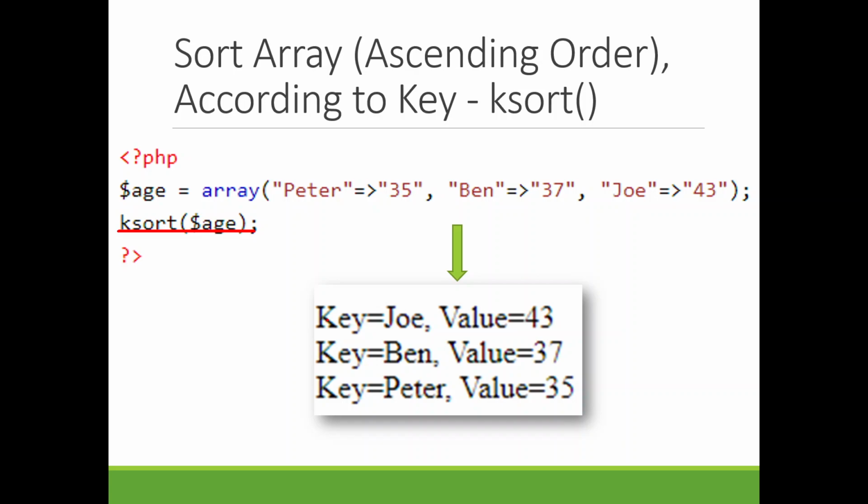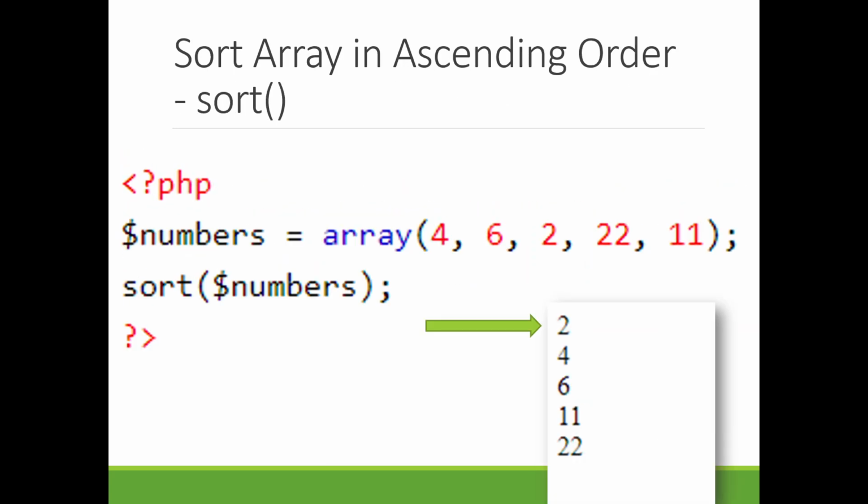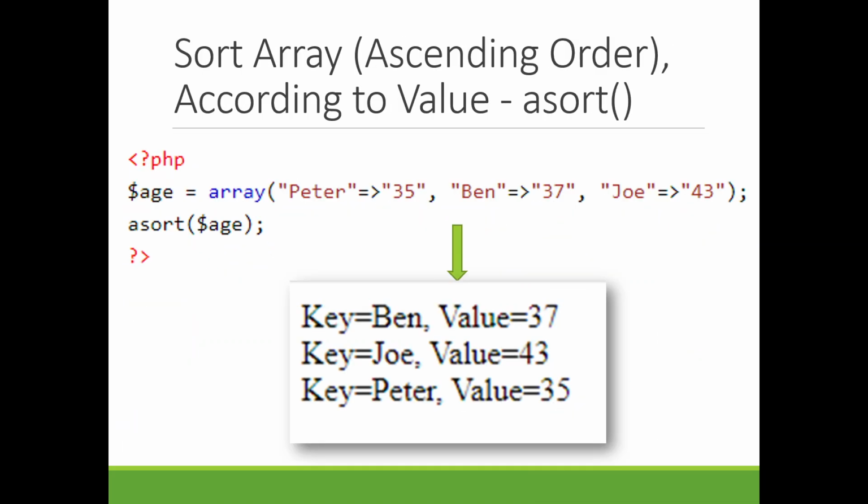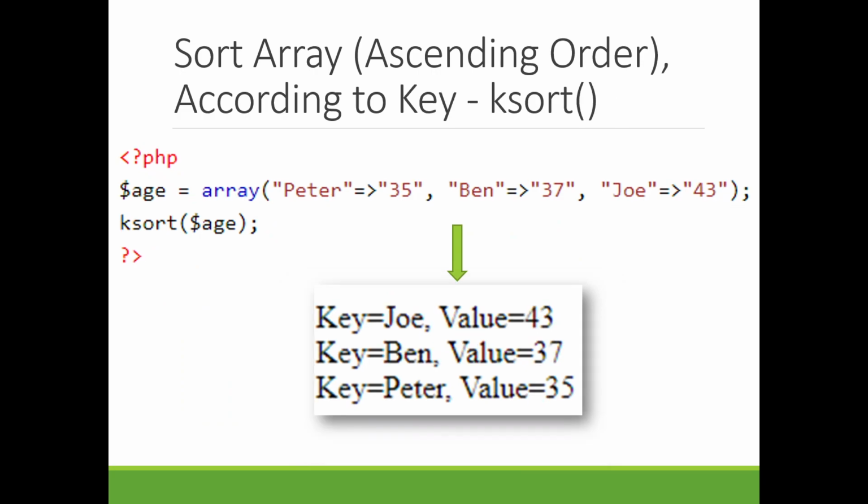I'm getting a little bit confused. Is this output correct? Let's just go back and look at ksort in theory. Ksort, ascending order according to the key. Ascending. So is this example correct? Ksort, according to the key. Okay.